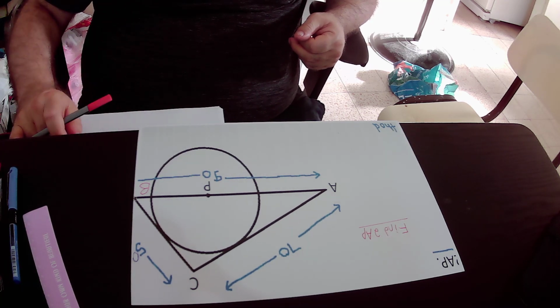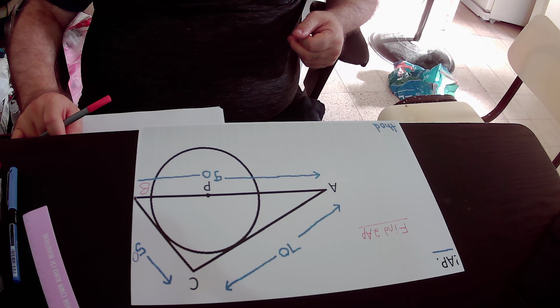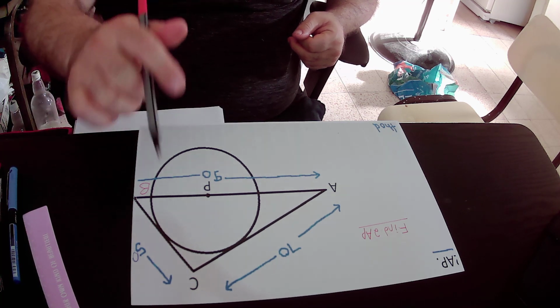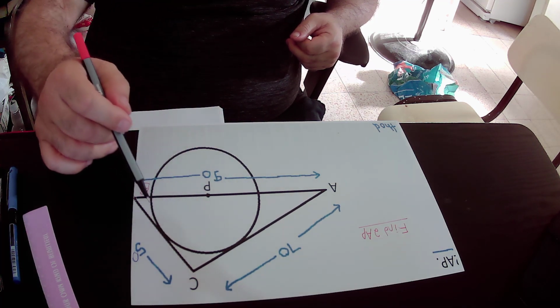And also we have 2 tangents to the circle.